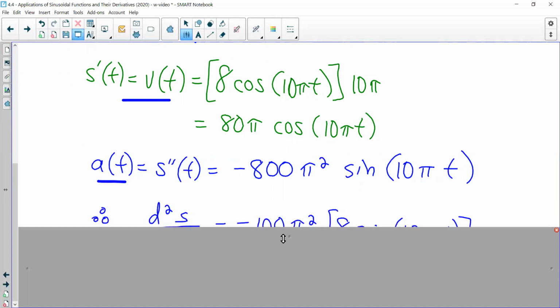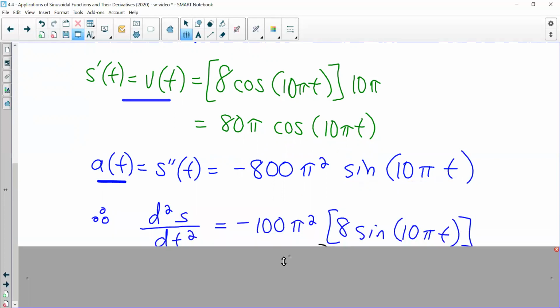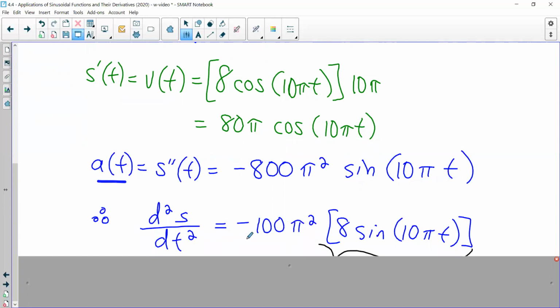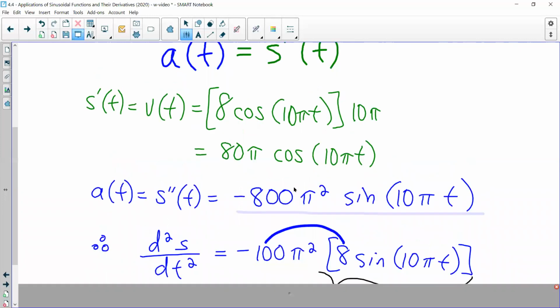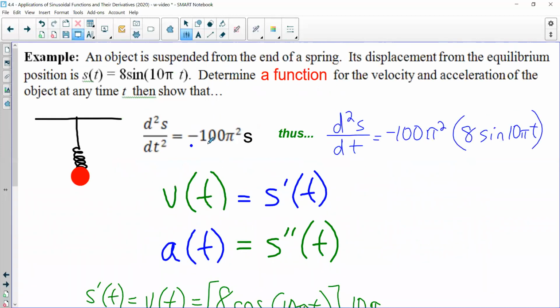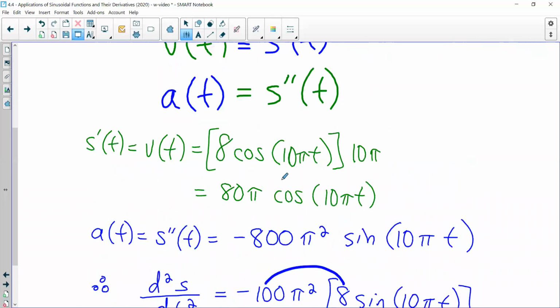And the last thing was to show that the second derivative is equivalent to negative 100 pi squared s. Well, we do have the second derivative function here in front of us, and a simple little common factoring technique. So we split the 800 into negative 100 times 8, and why would we do that? Because we want the coefficient here to be negative 100.